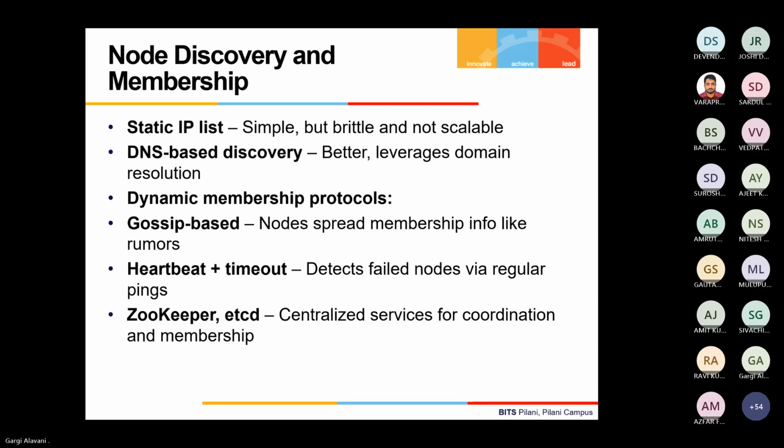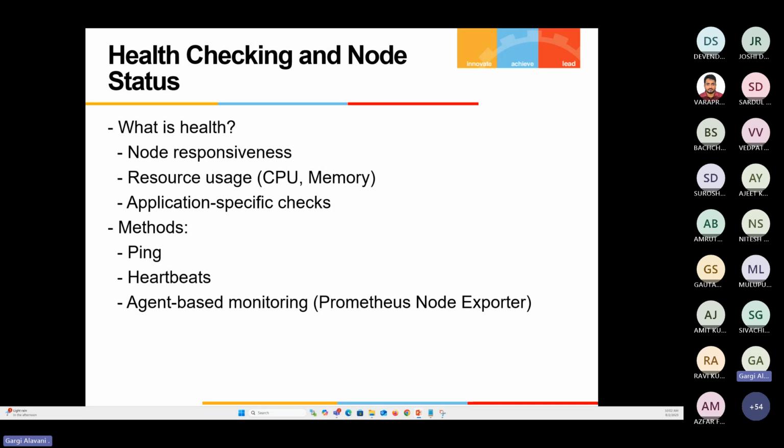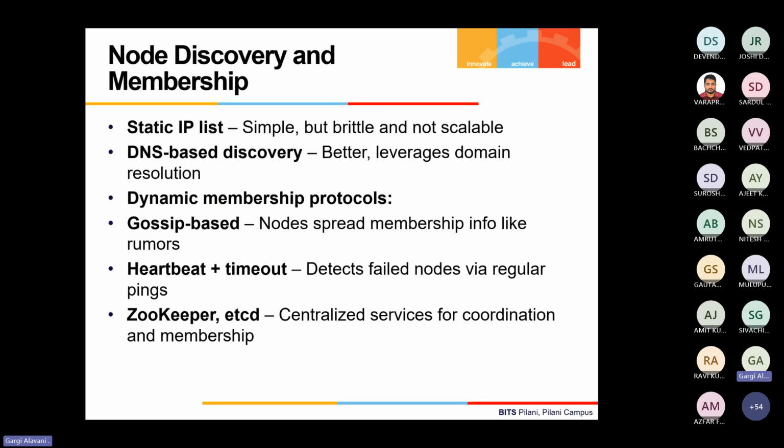There is another approach, which is heartbeat. In heartbeat, nodes regularly ping each other: are you there? Are you there? And if there is a failure to respond, then they disconnect. That's how heartbeat with timeout works.